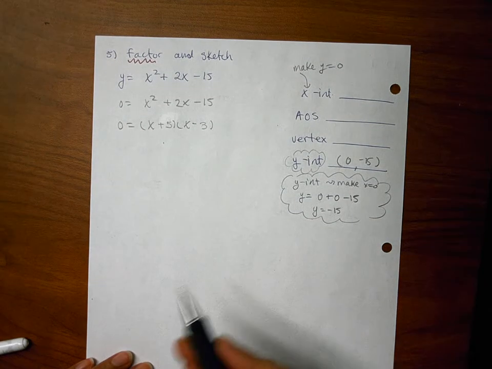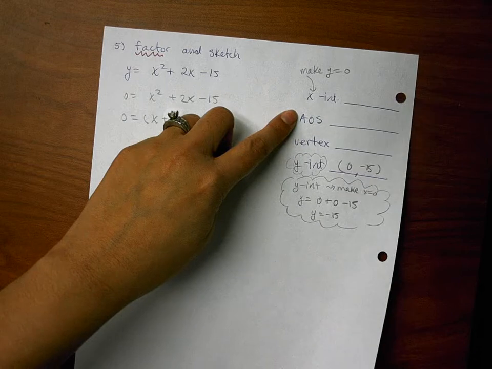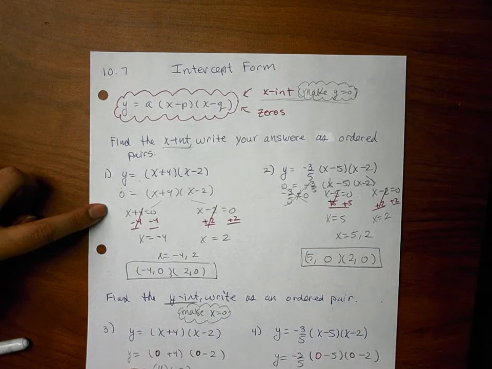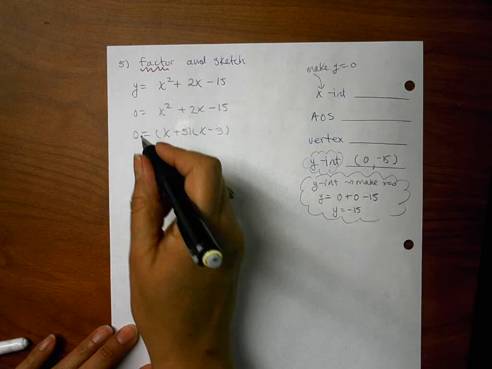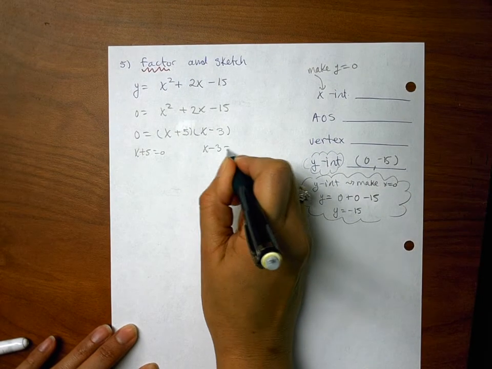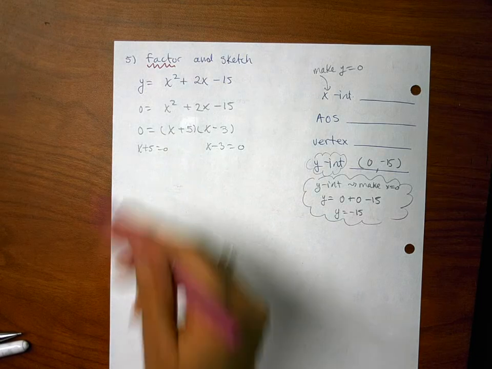Zero product property. X-intercepts, guys, is what we just did on this page right here, numbers 1 and 2 on the previous page. We take x plus 5 and make it equal to 0, x minus 3 and make it equal to 0, and solve each one.